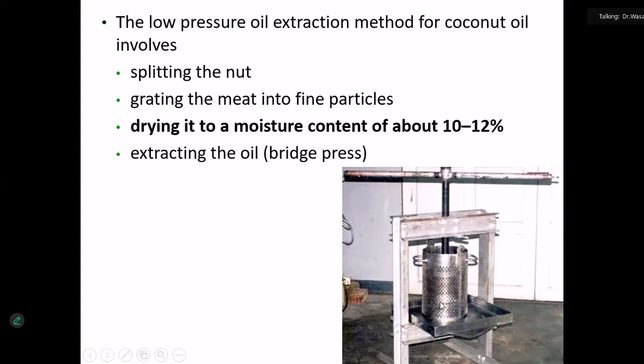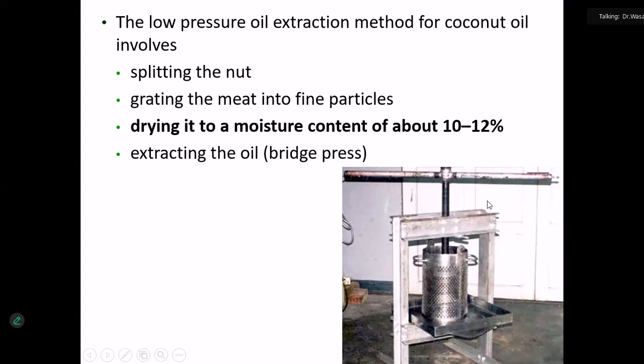First you fill the cylinder with coconut kernel. After putting this coconut kernel into the press, you are rotating this downward. So coconut oil can come out through this press that is produced by NERD. You can see here, coconut oil comes out through these holes.